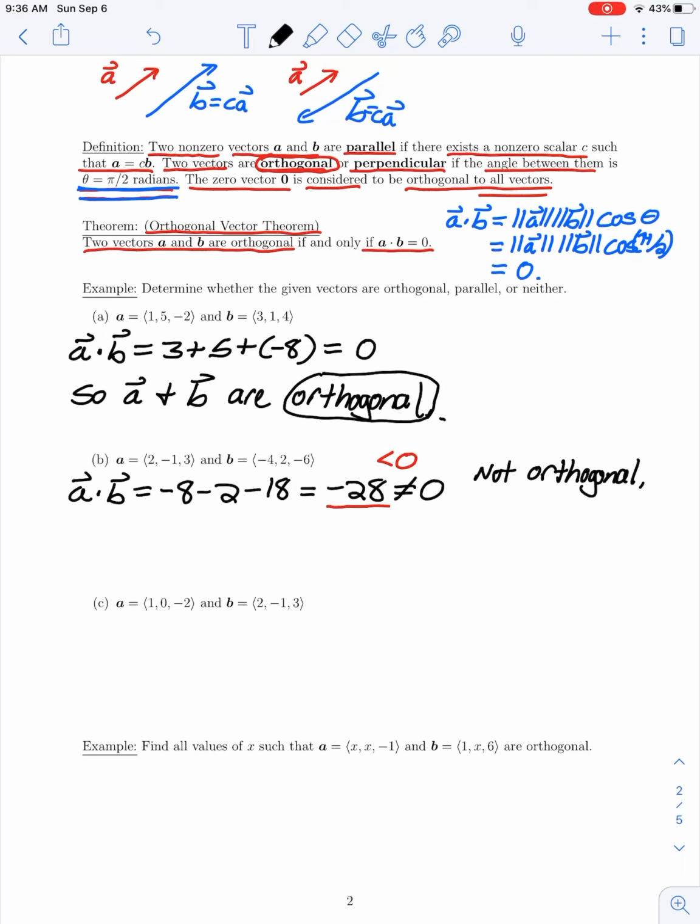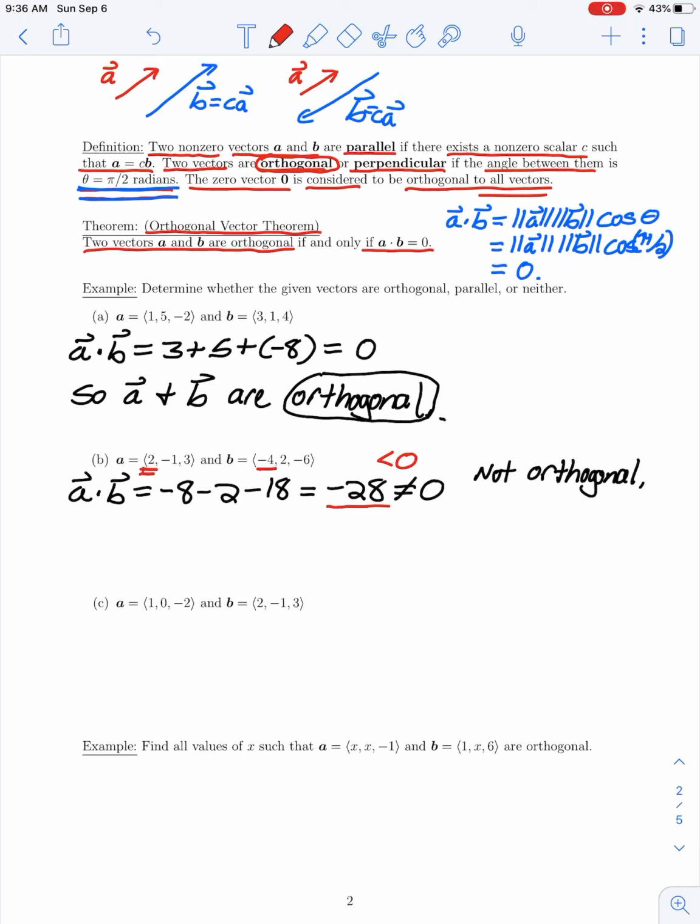Now to determine whether they are parallel, we need to see whether one vector is a non-zero scalar multiple of the other. Typically a good way to see this is by starting with the first two components of my vectors. In this case, I would be looking at 2 and negative 4. How would I get from this first component of one vector to the other?